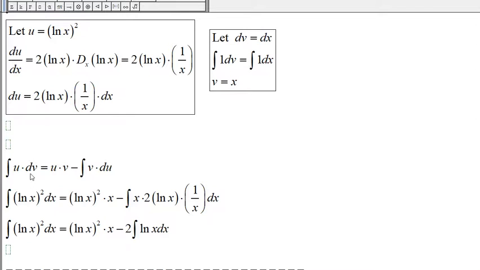And so now we get the integral of u dv is equal to u times v minus the integral of v du. So u will be the natural log of x squared, v is x, and then du is 2 times the natural log of x times 1 over x times dx.